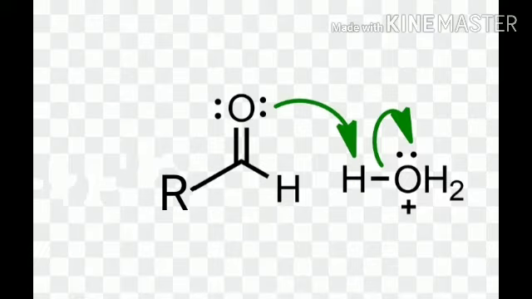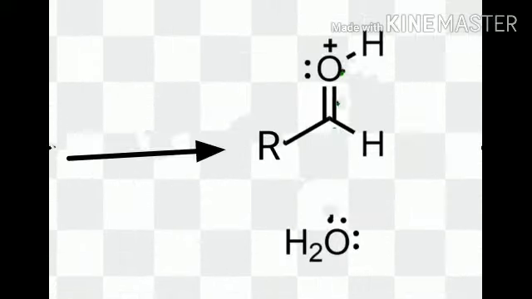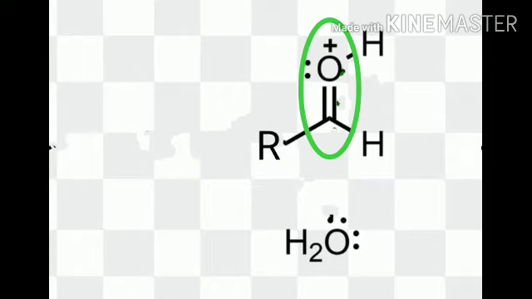acidic condition present in the reaction mixture. So here the protonation of aldehyde makes it more electron deficient, and makes the carbonyl carbon more susceptible to attack by the water molecule, and we get the product diol.